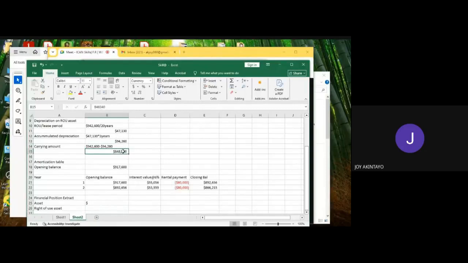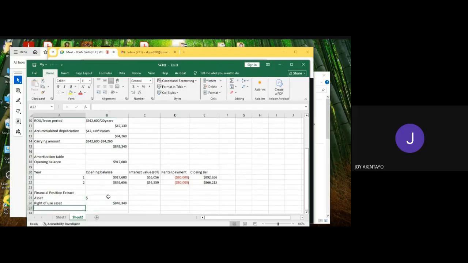So we can just pick it. Then liability also, lease liability.